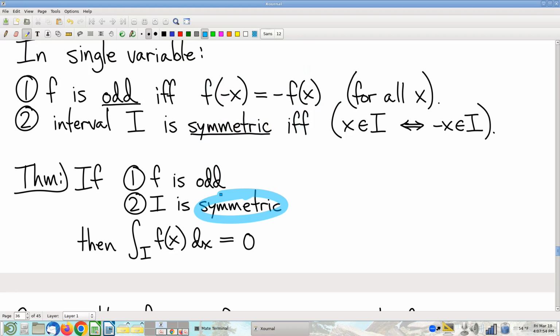I said something like negative a to a, but more to the point, in a symmetric domain, if you have a point in that domain, then its reflection is also in that same domain. It's another way of saying you do this and nothing changes, going from the negative of some value to the positive of that value. So these are equivalent ways of thinking about it. All we're going to do is extend this to a multivariable context.